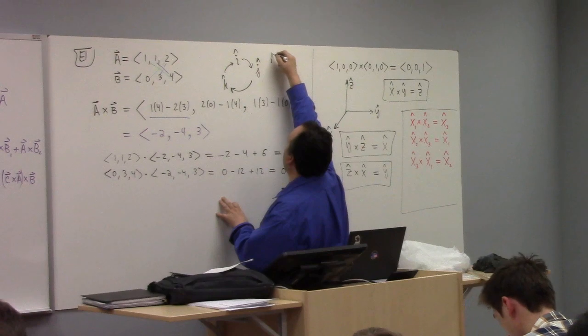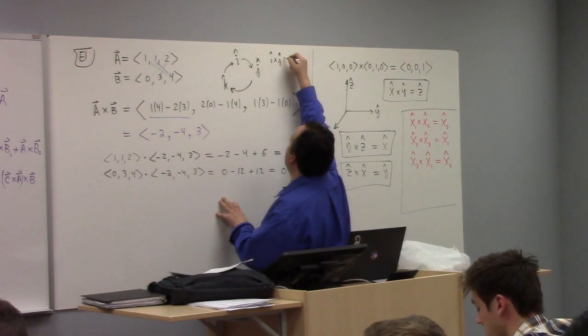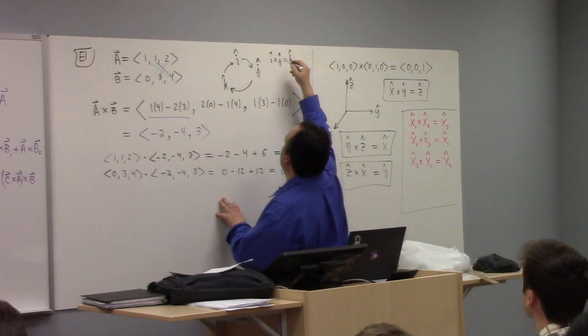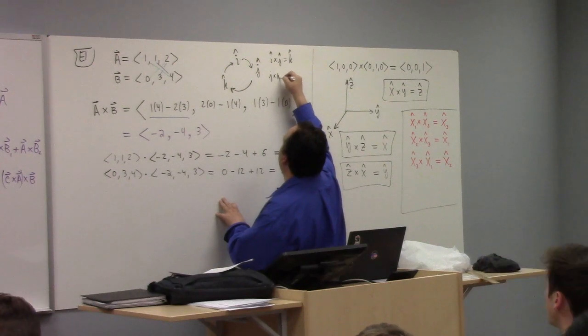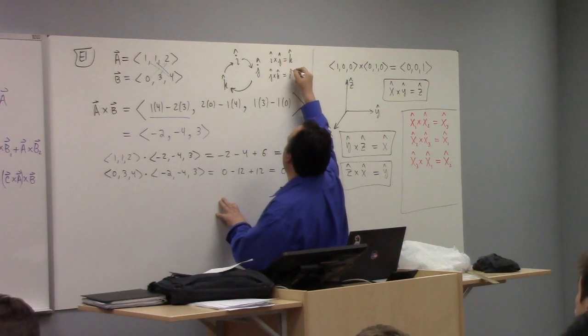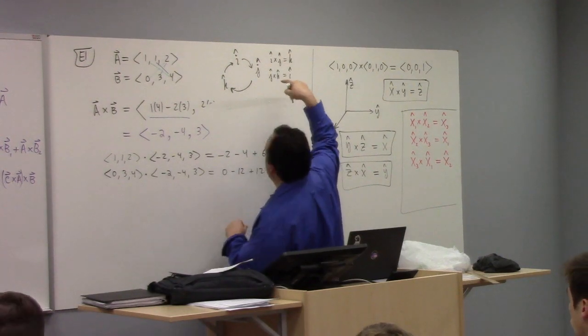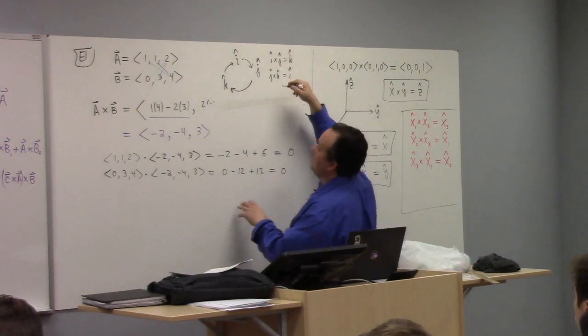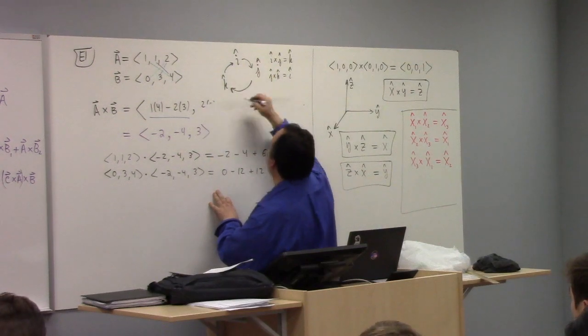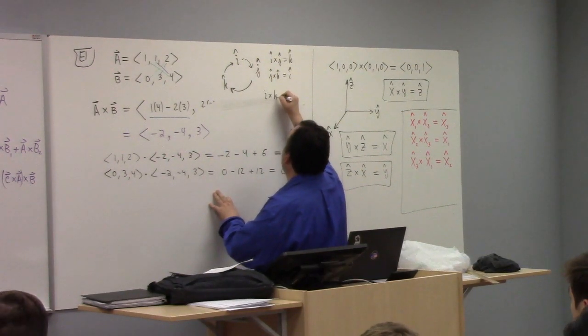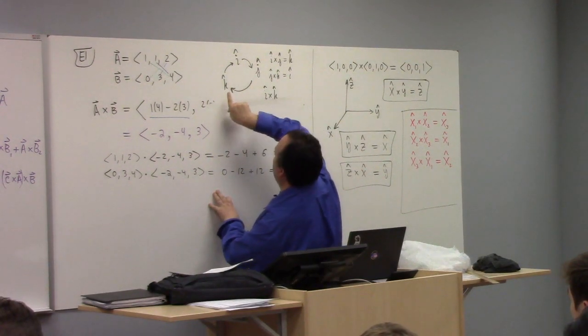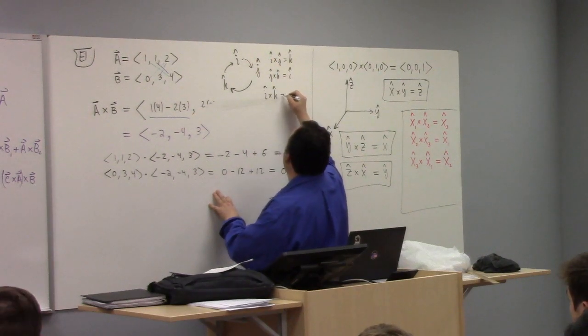For example, i hat cross j hat is k hat. j cross k is i hat. But if you go against the circle, for example, i cross k, you get minus j.